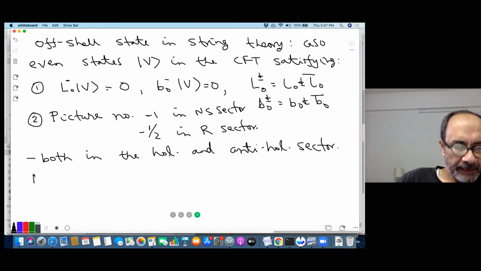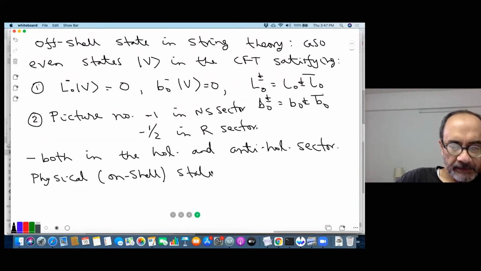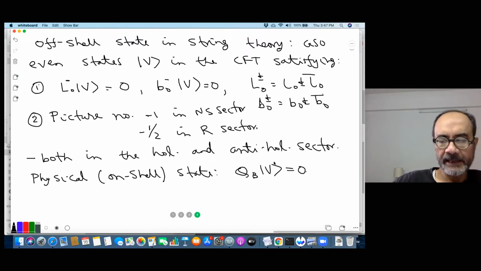Now I describe a physical state, or on shell state. So it satisfies all these conditions, but furthermore it is BRST invariant. Okay, so this is again the same as in the case of bosonic string theory. And as in the case of bosonic string theory, we have an equivalence relation.